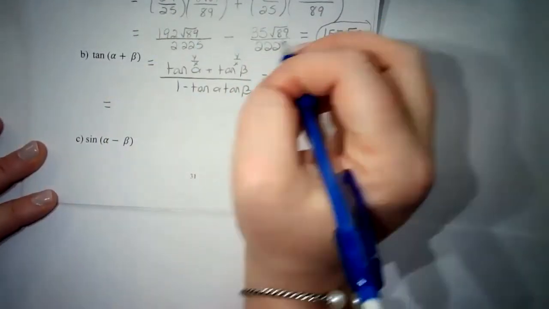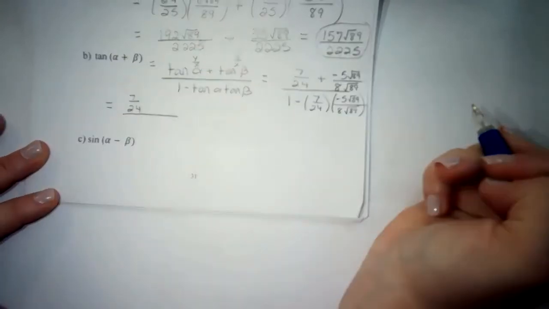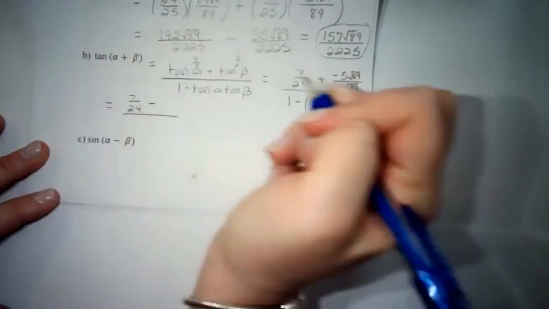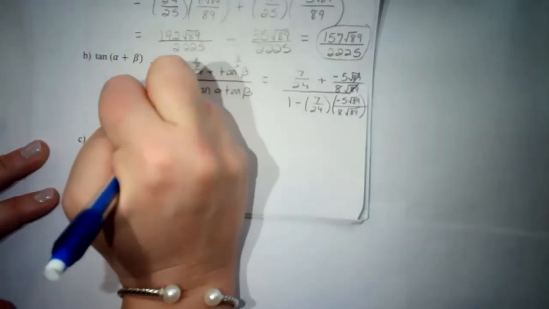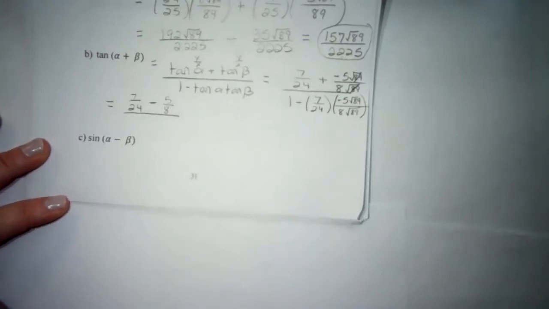Let's look at our numerator first. In our numerator, I'm going to have 7/24 minus, because this is a negative, and then these are going to cancel, 5/8. Okay, that's not terrible, right? I'm going to need a common denominator. I'm going to have to go through all that stuff, but that's not horrible.